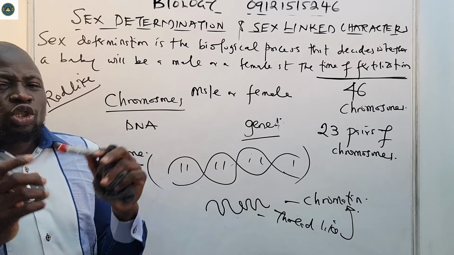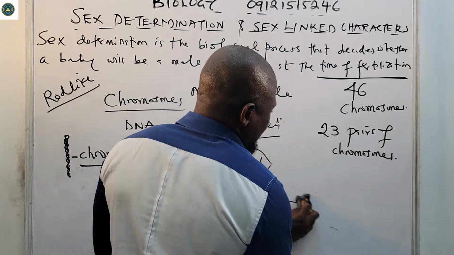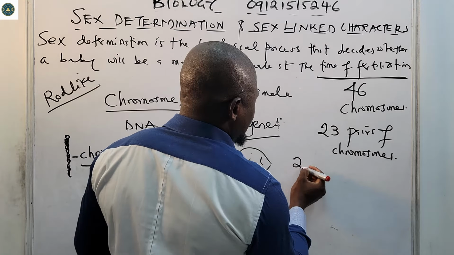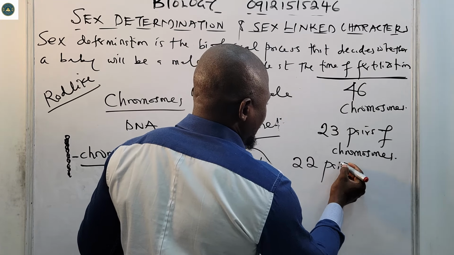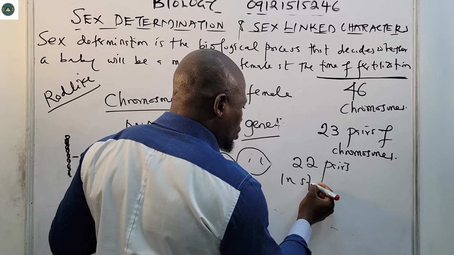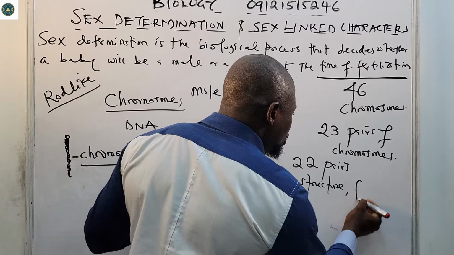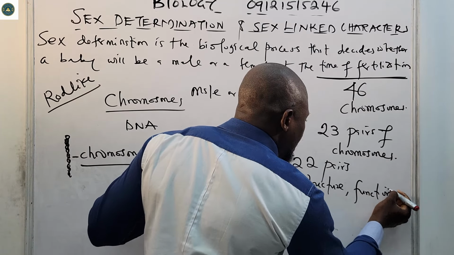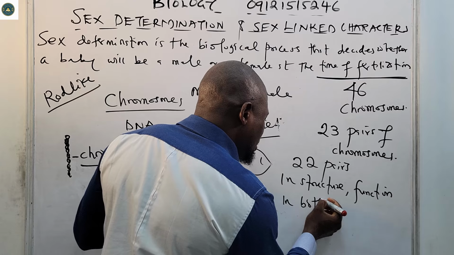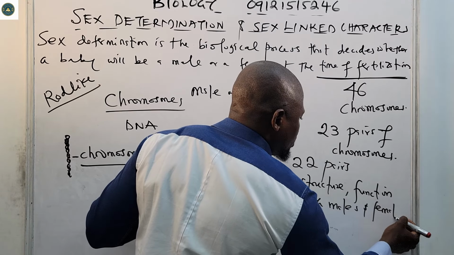Now, out of these 23 pairs, the first 22 pairs are similar in structure, and they are also similar in function in both males and females.